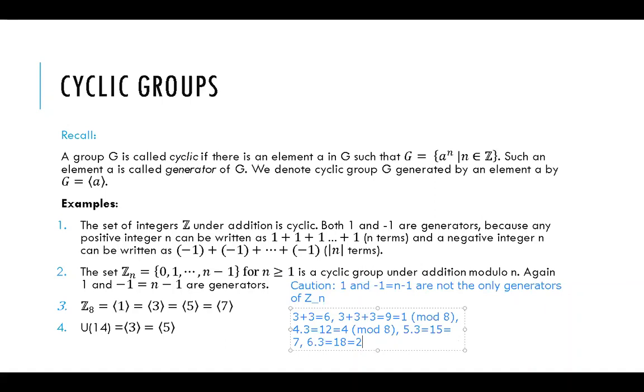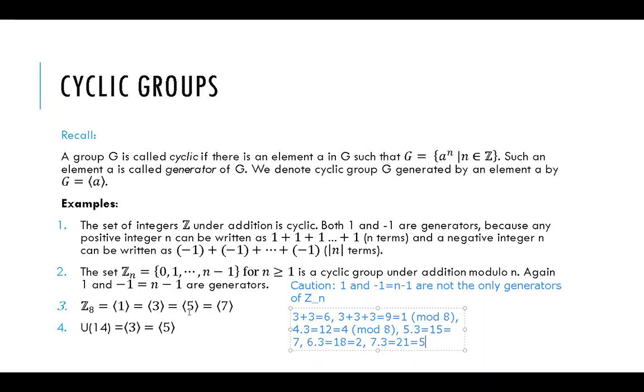So only 5 is left, I think. Then we have 7 times 3. If we add 7 three times, then this is 21. And since this is congruent to 5, now we have all the elements which are there in Z8 generated by this element 3.